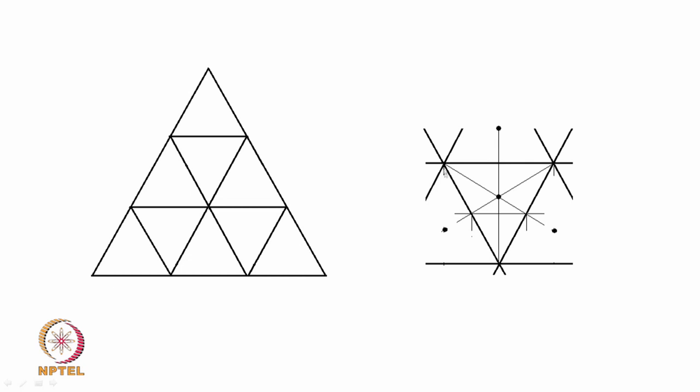This point is the midway point for this side, and this point is the midway point for this side, and we locate the grid node at which we want to evaluate the velocity at the centroid of each triangle. Similarly, if you consider this adjacent triangle here, for this also we locate at the centroid, and for this also we locate at the centroid. So at the centroid of each of these triangles, we would like to have the velocity.